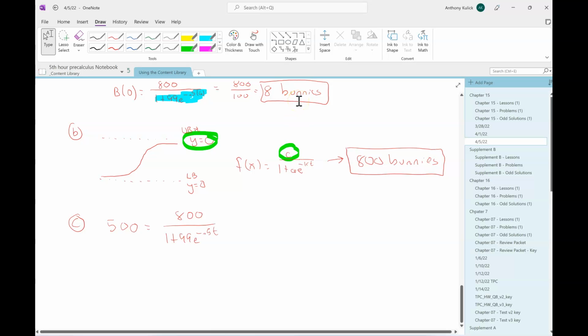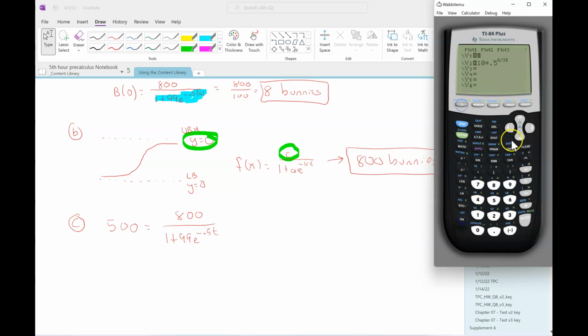Where's the variable located? In the exponent. So to solve this, what would we have to do algebraically? A logarithm. Have we talked about how to use logarithms in this class yet? No. So how are we going to do this instead? Graph it.